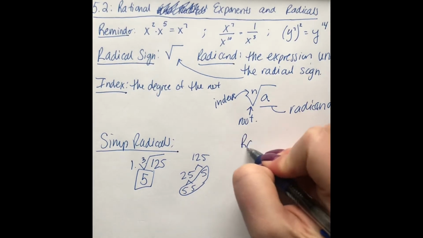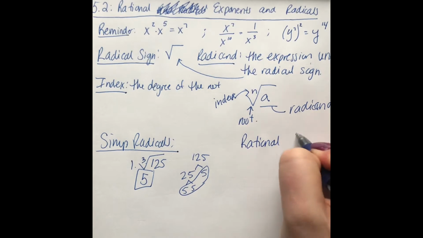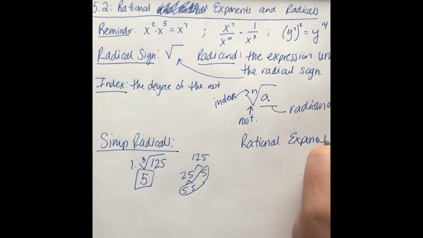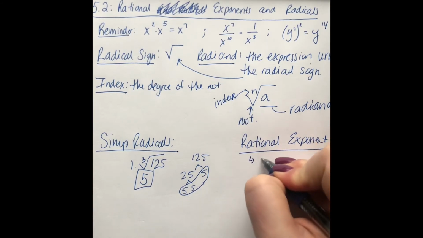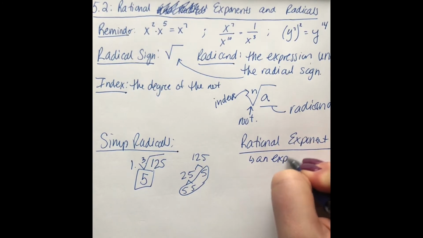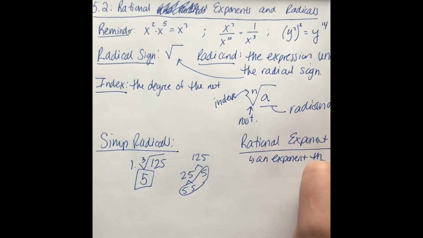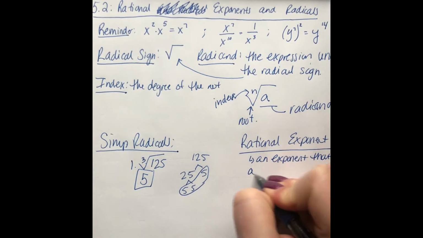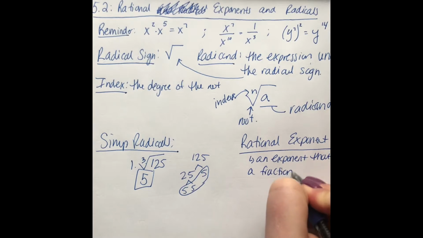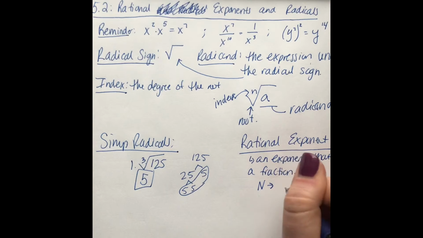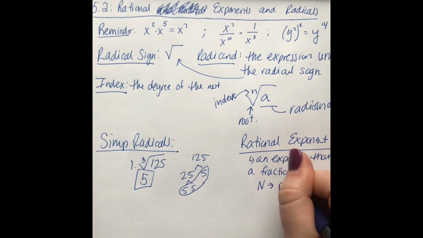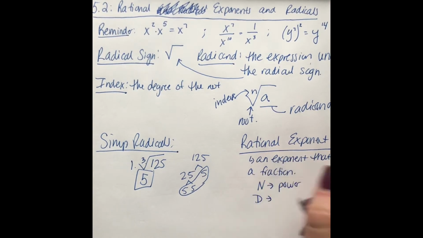So a rational exponent is an exponent that is a fraction. The numerator is going to be the power, and the denominator is going to be the index of the root.